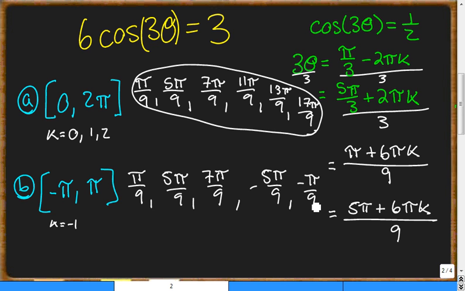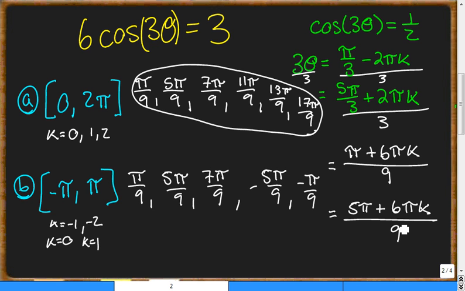Now, if I were to keep going, so if I turned k into negative 2, this would be negative 11 pi over 9.